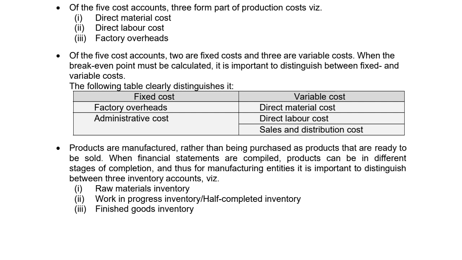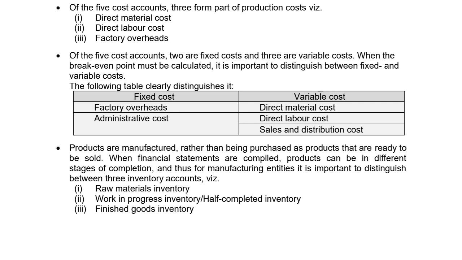When the break-even point must be calculated, it is important to distinguish between fixed and variable costs. The following table clearly distinguishes it. Fixed cost is your factory overhead cost and your administrative cost. Variable cost will be direct material cost, direct labor cost, sales and distribution cost.